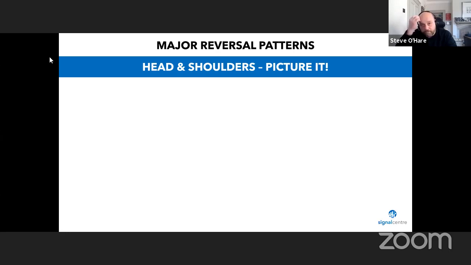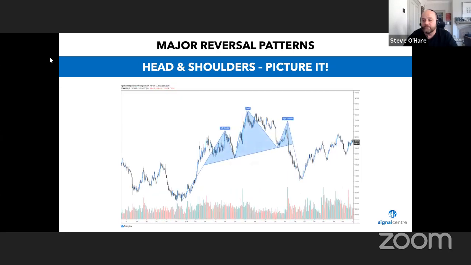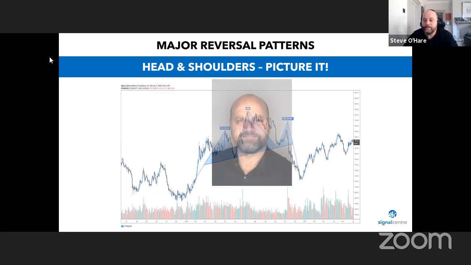Now, I'm quite a visual learner, and I always like to use graphics and images to remember things. I hope maybe you're the same. If I show you the actual head and shoulders formation again, the reversal, if I put my face in it, it probably doesn't do it any justice. Remember, you have to have this obvious shoulder down to the neckline, top of the head, down to the neckline, and back up to the right shoulder.